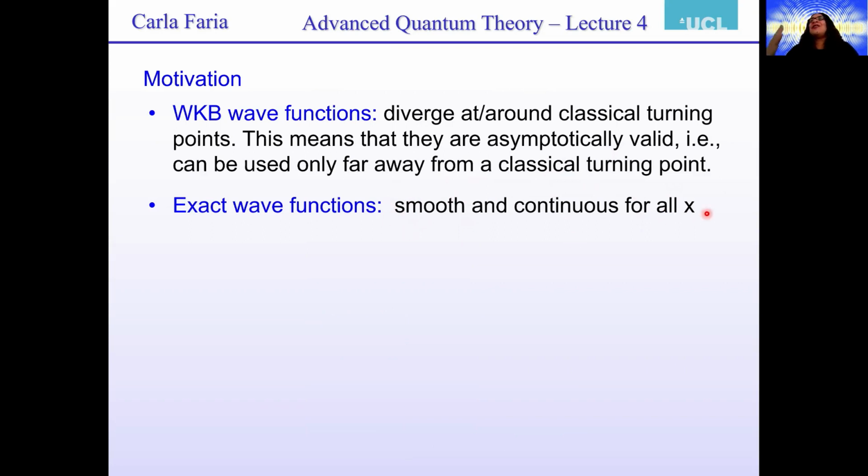So it's a bit like what we had before, that we had a continuous wave function that was smooth as well, and you had all these stepwise type of potentials, and you have to match things. Now we have found solutions far away from the turning points, but we have to find ways of matching things in the vicinity. And we have to construct a wave function that is going to be smooth and continuous for all x.